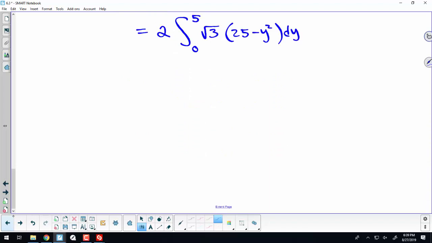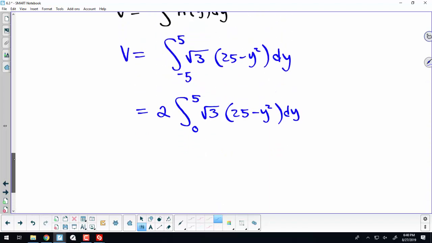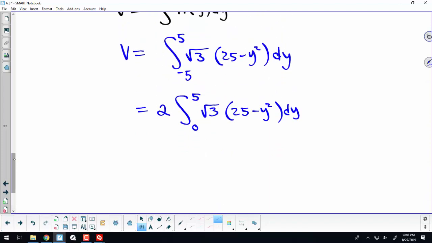So any questions on where we're at? Then we'll work with this one here. I'm in the practice of always just pulling the constants out of the antiderivative and then multiplying them in later. If you want to leave them in, that's totally fine as well.